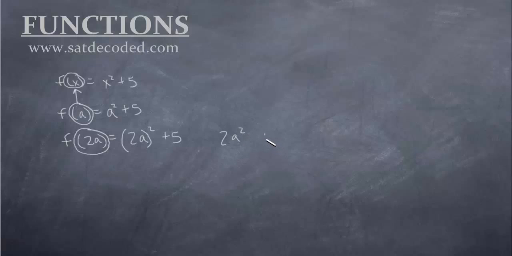2a squared versus the quantity of 2a squared is different, because this is just 2 times a squared, whereas here you have to take the 2 and distribute the square into each part inside the parentheses. So we get 2 squared times a squared, which becomes 4a squared.